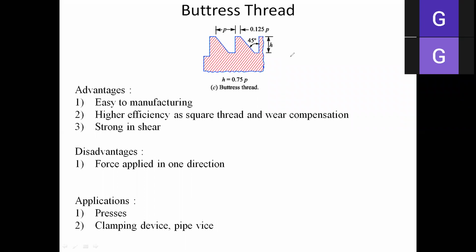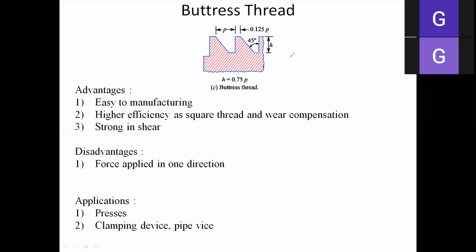You cannot use directly this buttress thread for our heavy duty screw jack. In the screw jack, we need to apply the force for lifting as well as lowering the vehicle. Okay, so in our screw jack we need force in both directions.